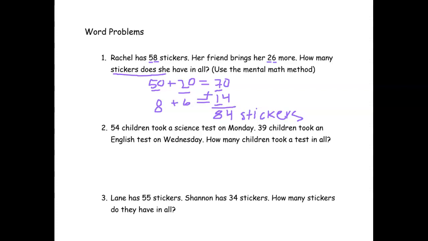Okay, let's try number 2. 54 children took a science test on Monday. 39 children took an English test on Wednesday. How many children took a test in all? Okay, so we know that 54 children took a science test on Monday and 39 children took an English test on Wednesday.